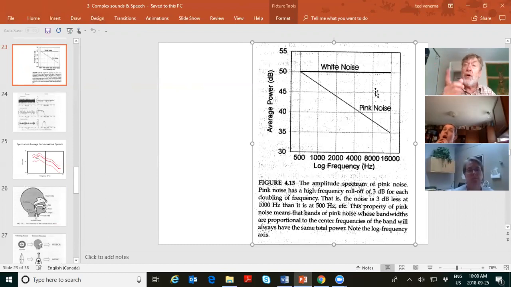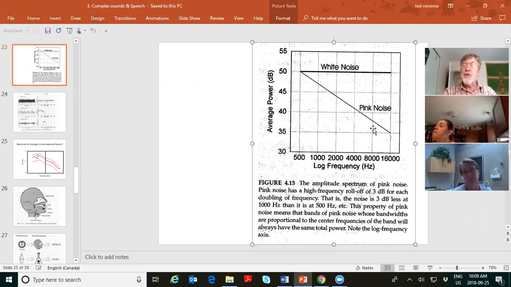That's why, when they talk about spectra of noise, they use a color analogy. White noise, because white is the presence of all colors together, has what they call a flat spectrum, like what I'm drawing here. Pink noise has the same energy in the lows, but it drops off in the highs.